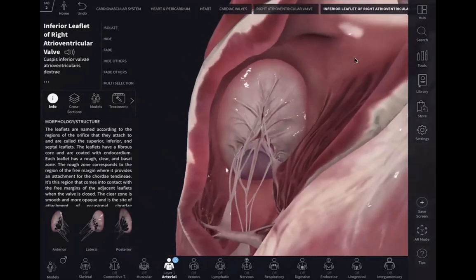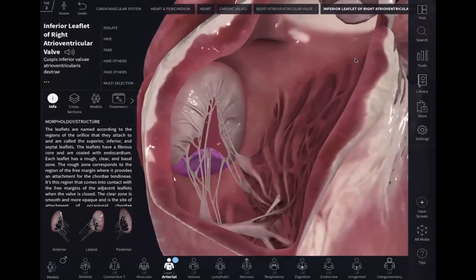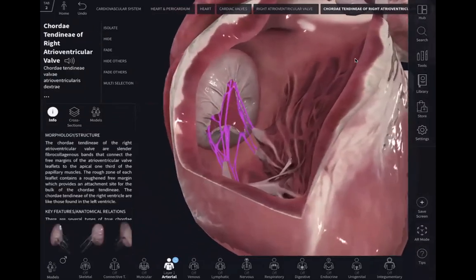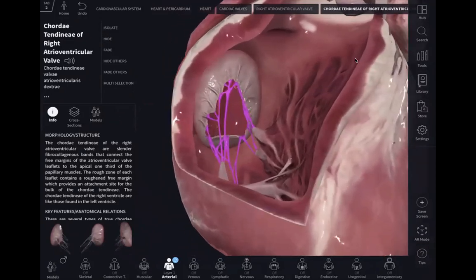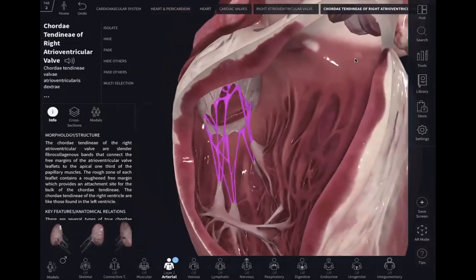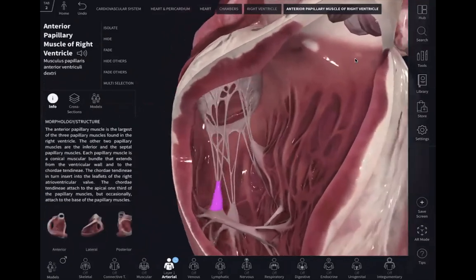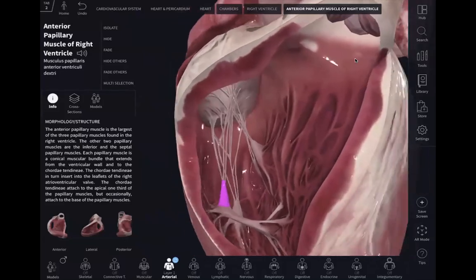Okay, and what is attached to the tricuspid valve? As you can see, the chordae tendineae. Yes, so these are the chordae tendineae of the tricuspid valve, and the chordae tendineae attach to the papillary muscle. Okay, so inside the heart, is it clear?